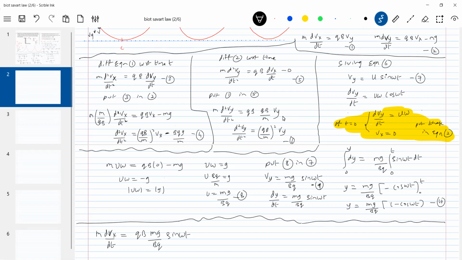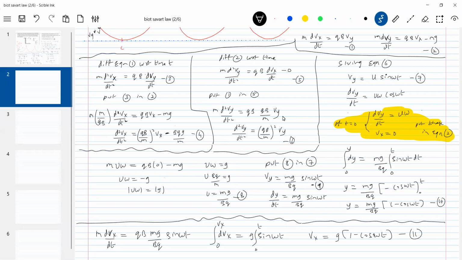M gets cancelled, bq gets cancelled, so dvx is equal to g sine omega t. Integrating vx from 0 to t, what vx will we get? G into 1 minus cos omega t.